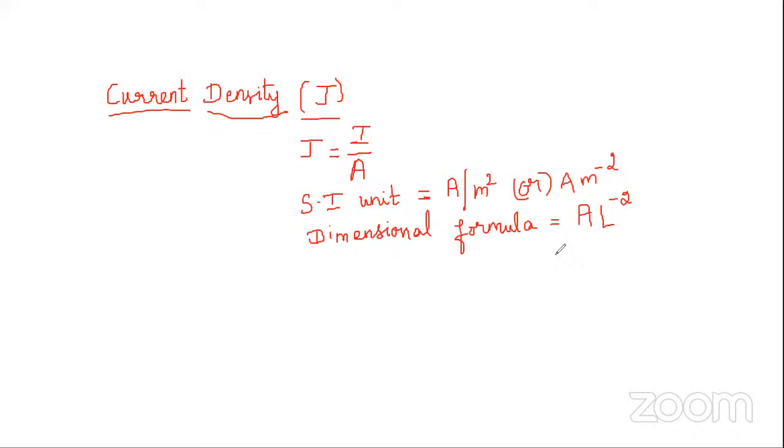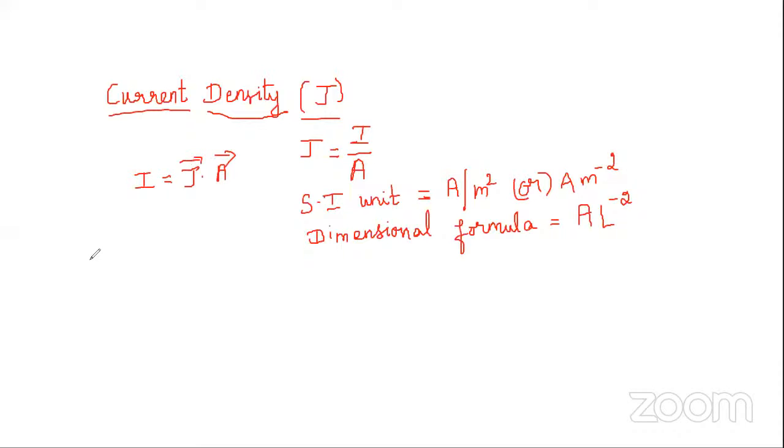So you have different ways to calculate the current from the current density actually. In vector form, I equal to J dot A. Okay, this is one method.